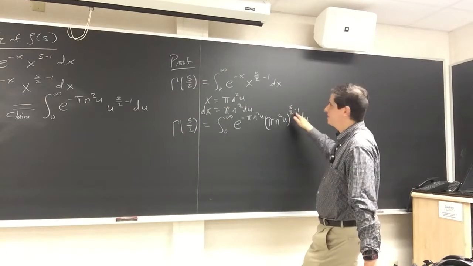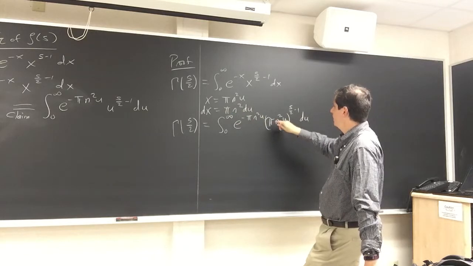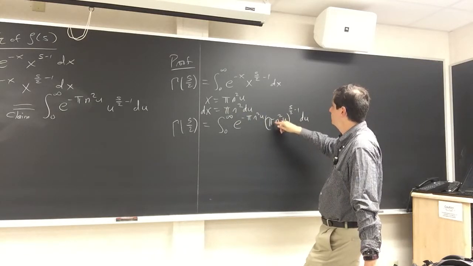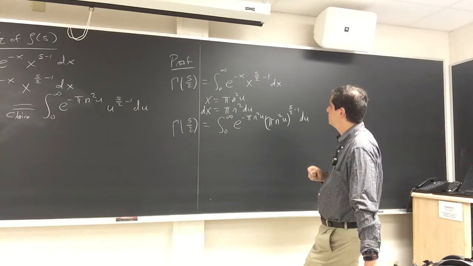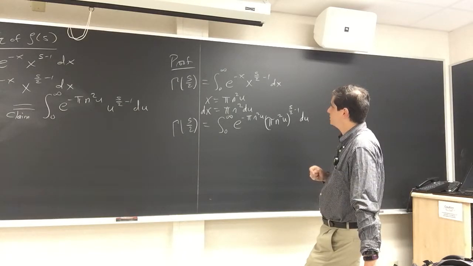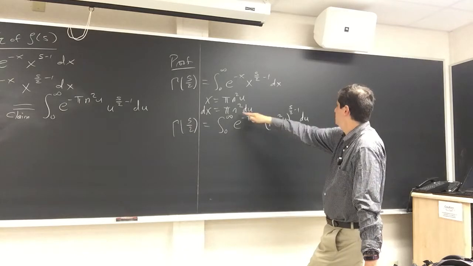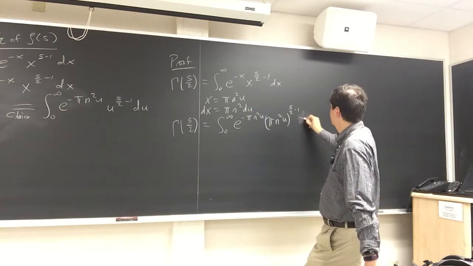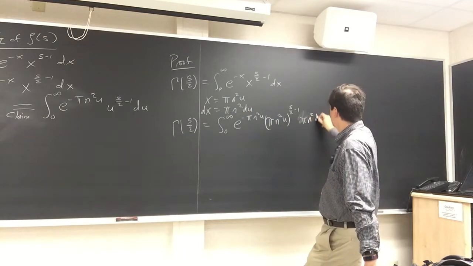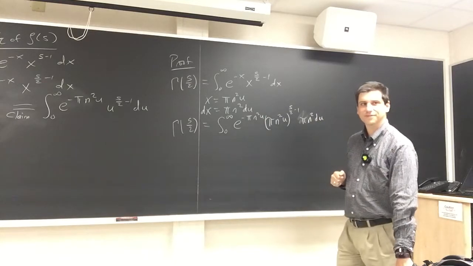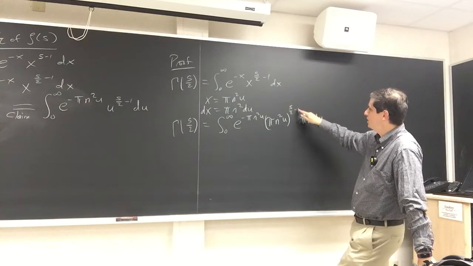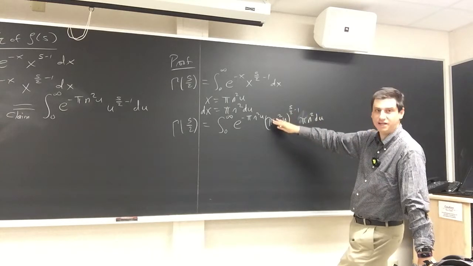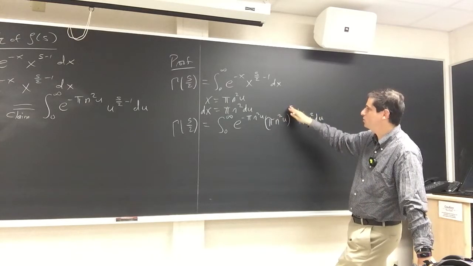Well, the u to the s halves minus 1 is exactly what I want. And then I have a pi n squared to the s halves minus 1. I now need to just bring this over to the other side. Except dx is not just du, it's pi n squared du. I knew there would be an algebra mistake somewhere. This extra pi n squared cancels the negative 1 over here for the pi n squared. And so I just have pi n squared to the s halves.